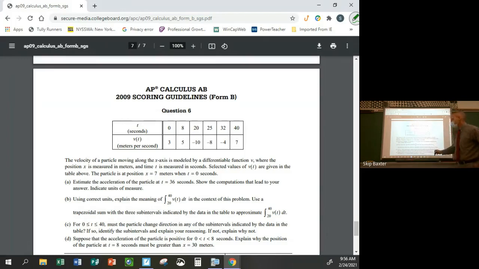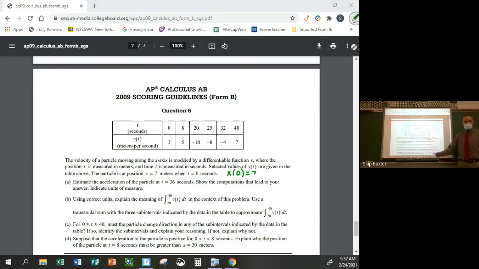It says the velocity of the particle is modeled by a differentiable function that's in this table, and then they give you an initial position. At 0, the position is 7. So I'm going to write that down: x of 0 equals 7. Estimate the acceleration of the particle at 36.